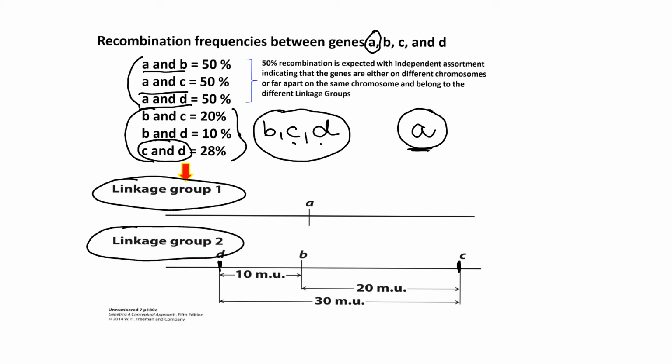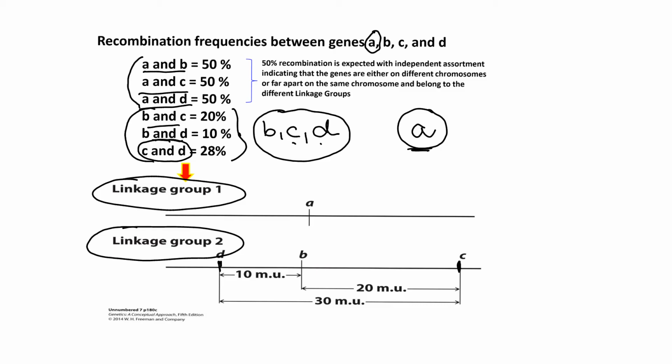And how do you know that gene B is between them and not outside? Because the distances between B and D and between B and C are less than 28%. So it means that it has to be in between.